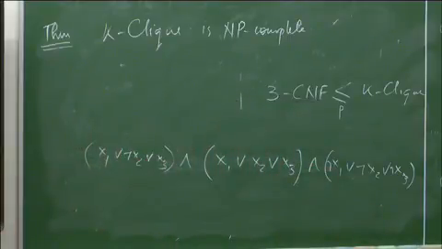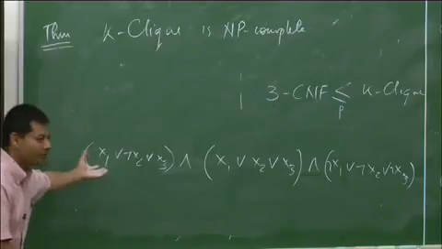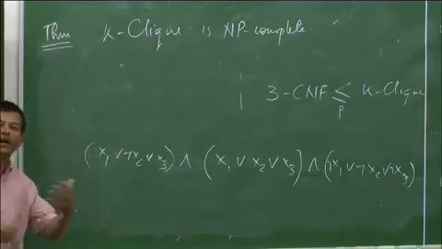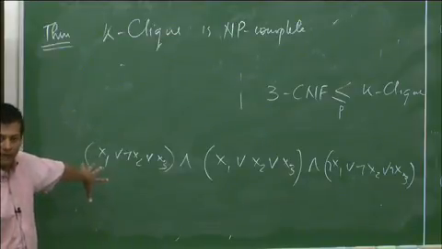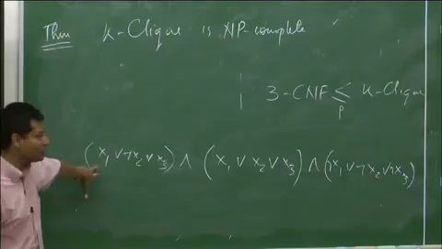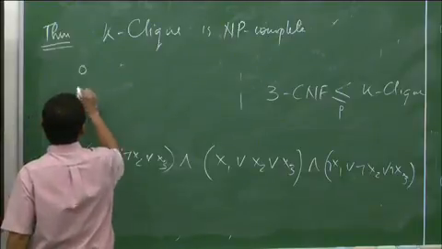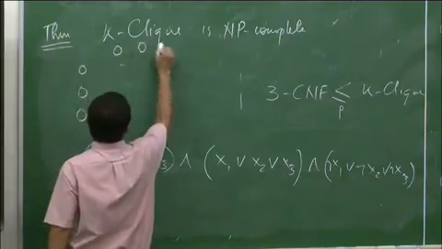Once again, I am describing it to you as if I were given a 3CNF, and I am going to turn it into this, but what I am describing is a generic algorithm. I am just giving you the algorithm through an example so that you understand. So, when you are given a 3CNF formula, what you basically do is you set up 3 nodes per clause.